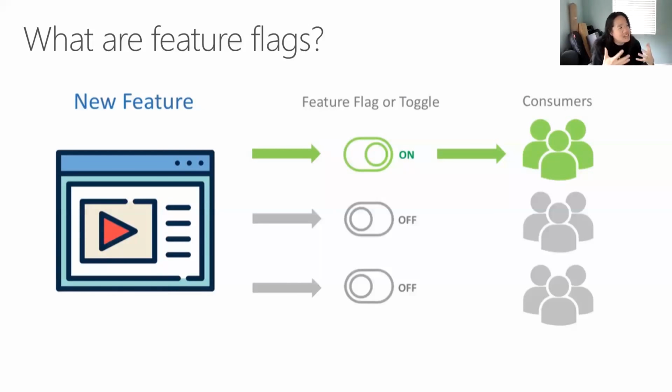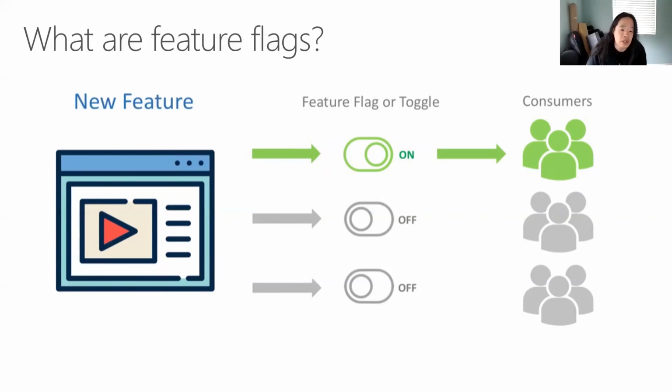What exactly are feature flags? Well, feature flags are a software technique that enables you to turn on or off certain portions of your code during runtime, right? So if you have feature flags, you'll be able to turn features on and off, and the different branches of your code get to go through.